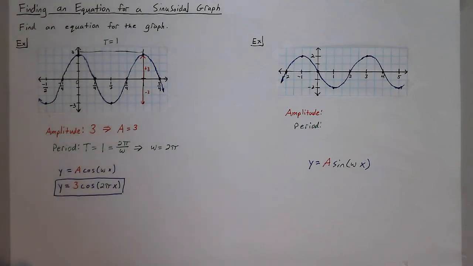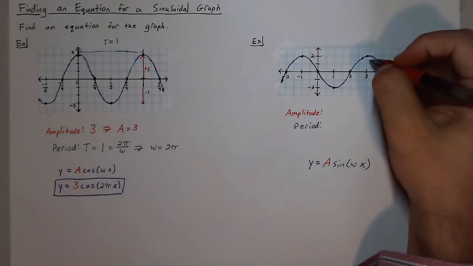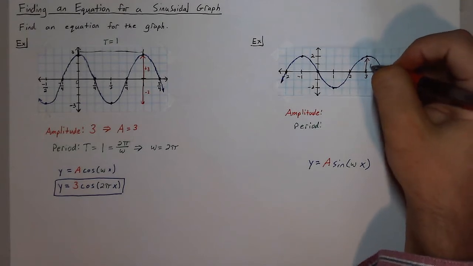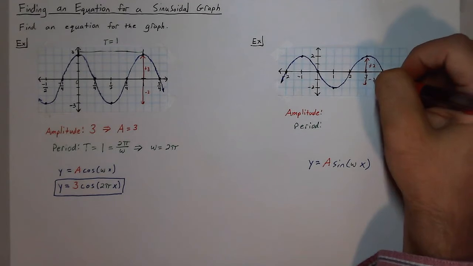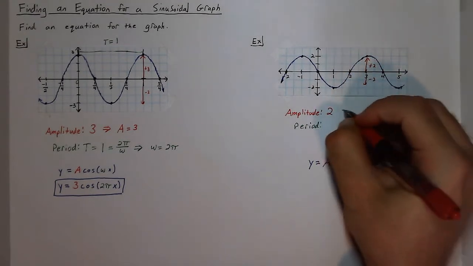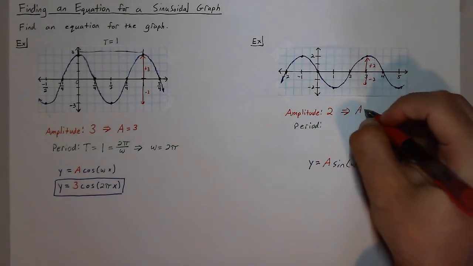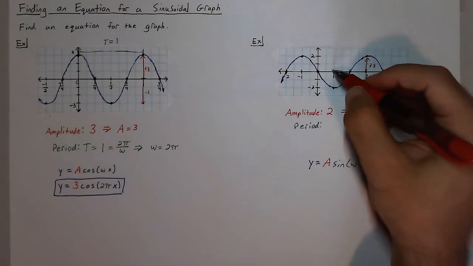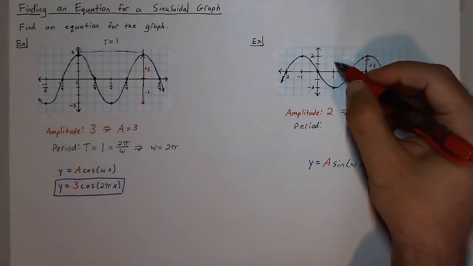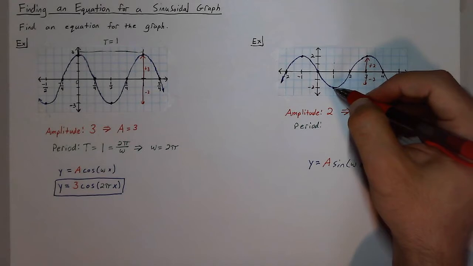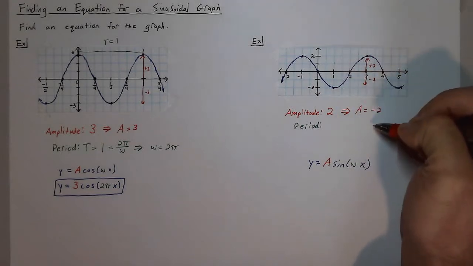The amplitude of this graph, looking at it, looks like it goes up 2 and down 2. So the amplitude is 2, but the a value in this case is going to be -2, since usually the first key point is at +1, but now it's at -2. It's probably being multiplied by -2.